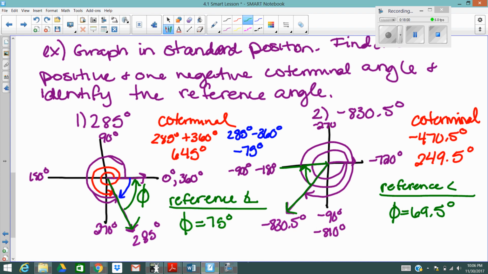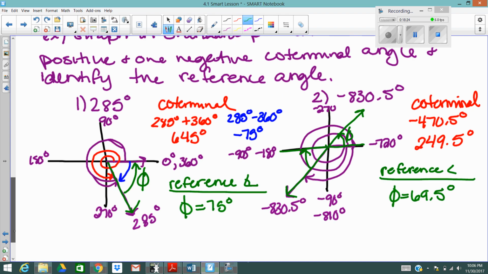Because again, it's always the acute angle and it's always positive. So even though I would need another negative rotation of 69.5, I'm still referencing the positive 69.5 degrees, because what I'm technically doing is referencing this angle right here. So the vertical angle.